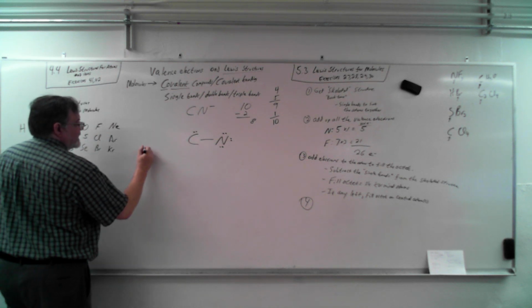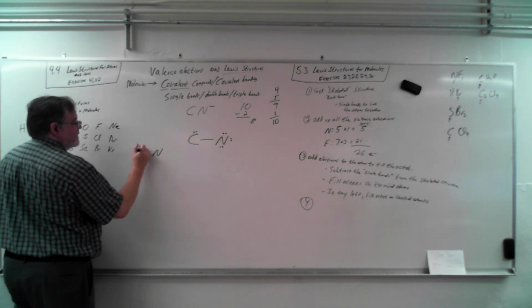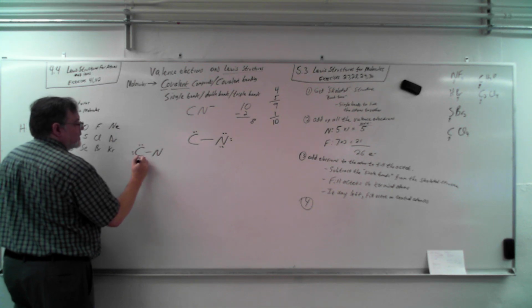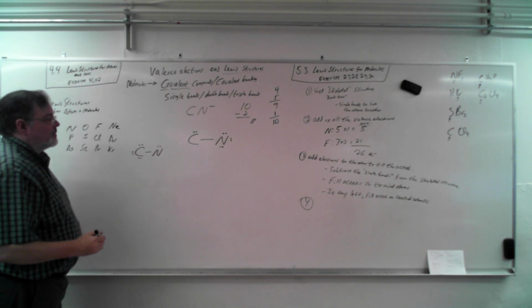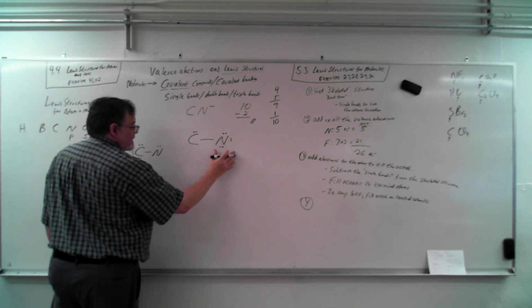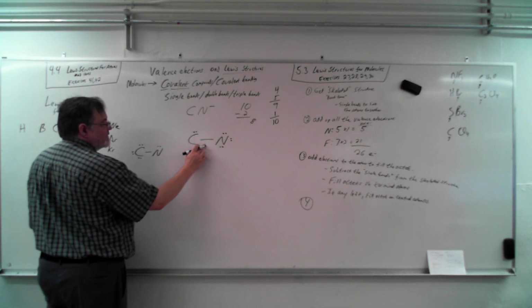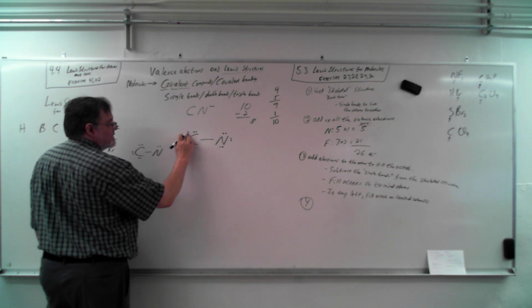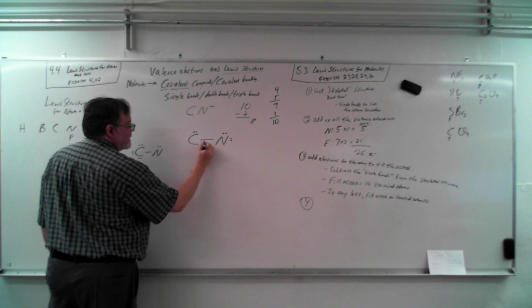I could have done this, 2, 4, 6, 8. But the point is, in this case, nitrogen has its octet, but carbon does not. Carbon only has 4 around it, these 2 and these 2. Carbon needs 2 more, so you just do this.